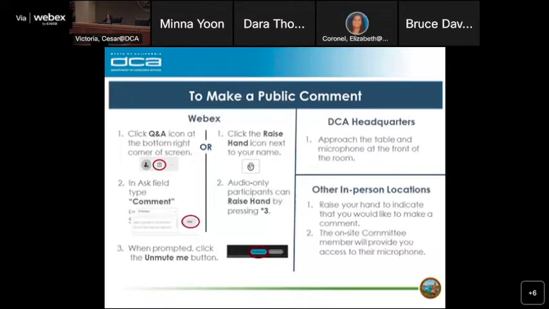The instructions are on the screen for reference. Members of the public, if you would like to participate, click on the Q&A icon, which is a question mark inside of a square, and type comment in the text field and send to all panelists. For those calling in, you can raise your hand by pressing *3, or you can also raise your hand by clicking on the hand raise feature next to your name.